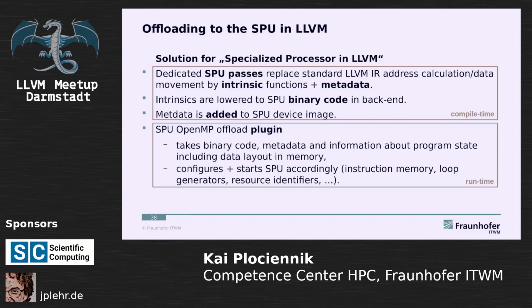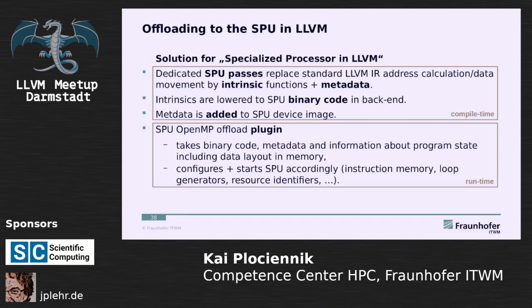These intrinsic functions are like placeholder functions that will be lowered to actual binary code in the end because our backend knows how to do this. And the metadata is metadata about data movements and address calculations, which is used at runtime by the offload plugin to do the actual computation configuration of the SPU when all the state information about the host is available.